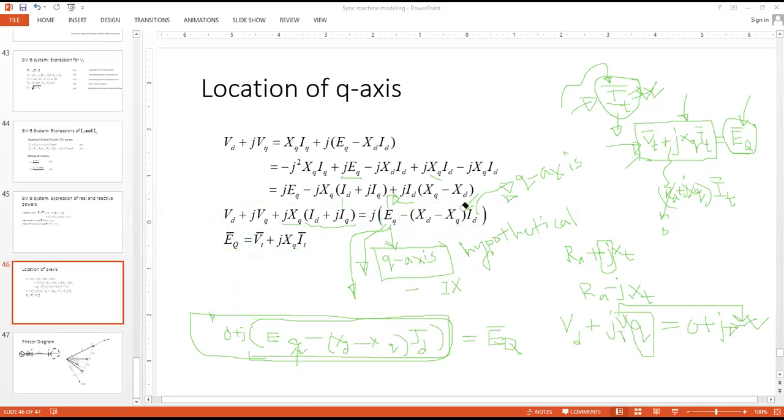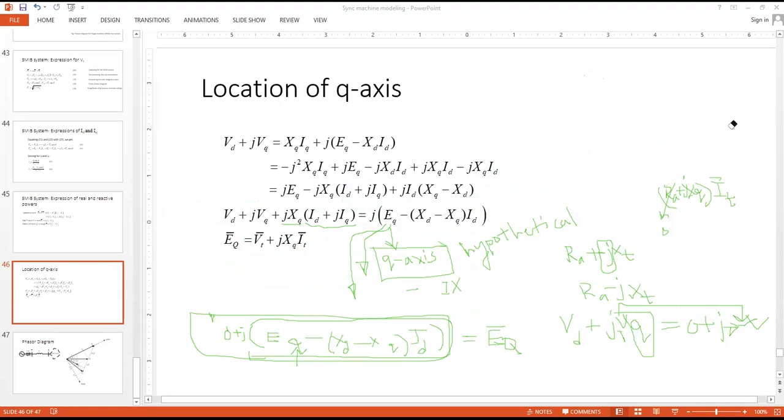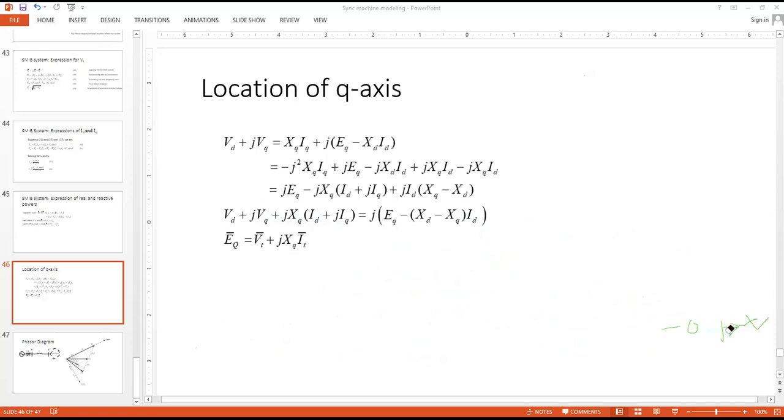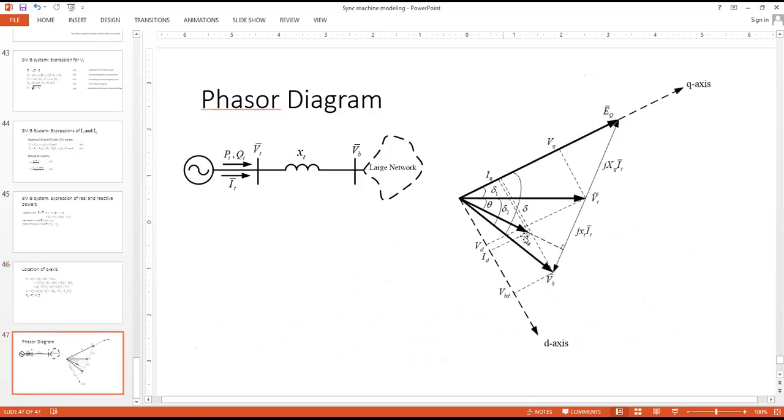So this is how we can find the location of the q-axis with some little trick in between. And once we are able to find the q-axis, then we are almost done, because once you can locate the q-axis, you can very easily locate the d-axis, because the d and q axes always have a 90-degree phase difference between them. So let's move on with this discussion.